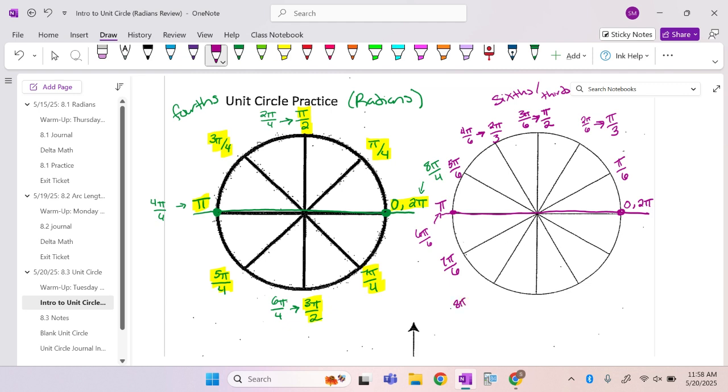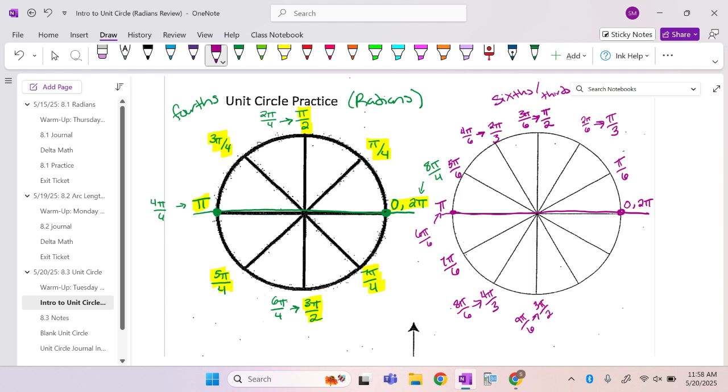8 pi over 6, which simplifies down to, what number can you divide both 8 and 6 by? 2. So if you divide both by 2, what are you left with? 4 pi over 3. One more 6 over. What do I got? 9 pi over 6, which simplifies down to 3 pi over 2.